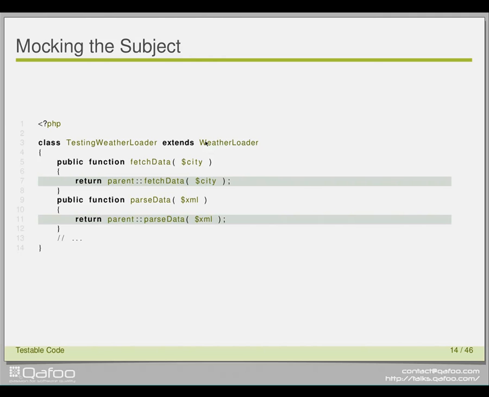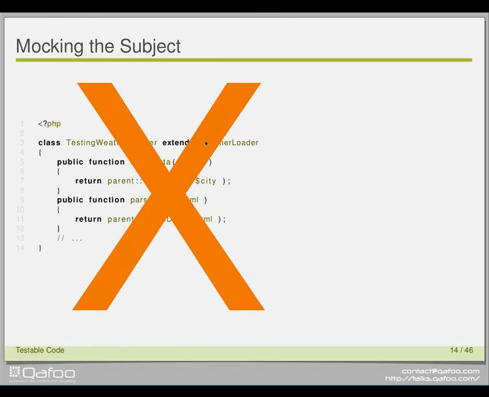You cannot easily say, okay, fetch data now gets the GPS coords instead of the city, which would be perfectly fine if you do that in a private method, but it's not possible anymore if you have dedicated tests for these private methods. Therefore, it will break your test whenever you refactor something which is hidden in your class, which is by intention hidden in your class, and which should not be called by external code. So this is also a big, big no-no in order to make that stuff testable.